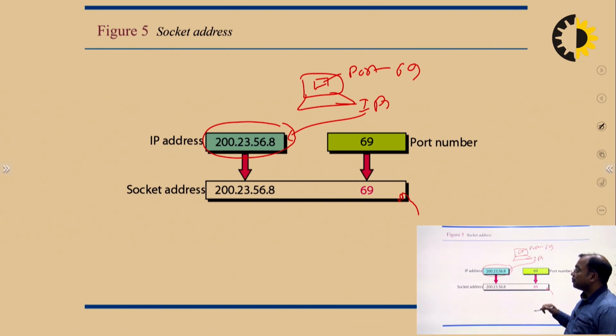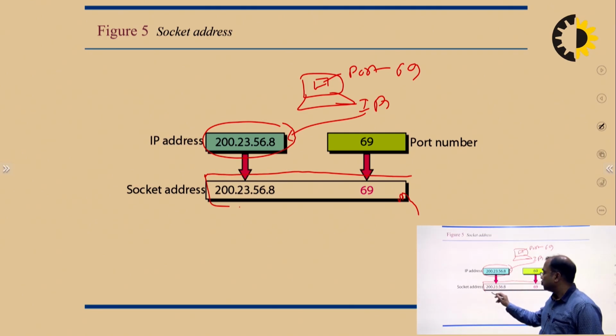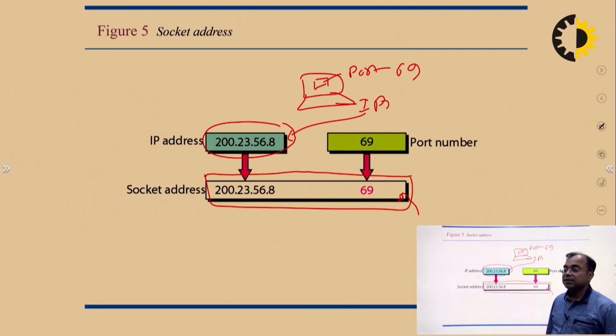If we combine, or encapsulate, this IP address and port number together, we get the socket address. The socket address is very much responsible for process-to-process delivery of data over TCP/IP protocols. So this is called a socket address.